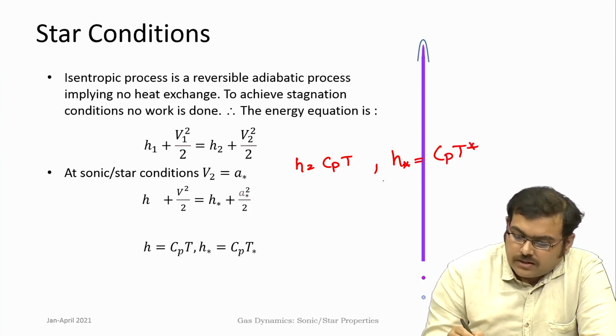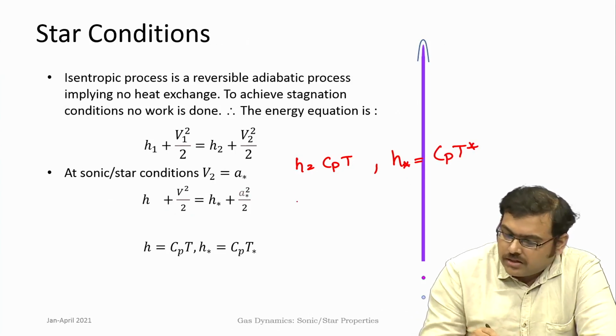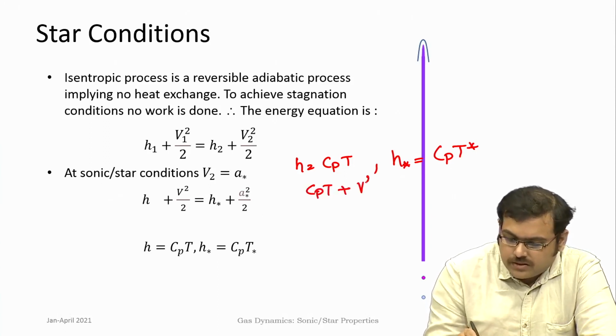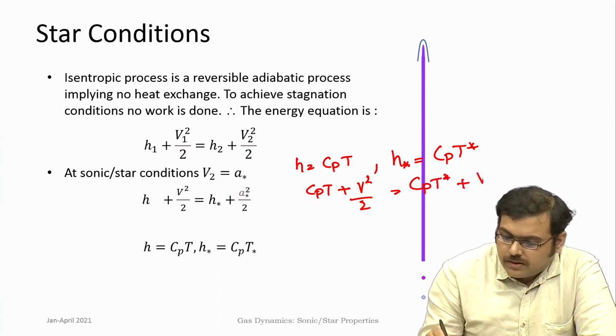So you get the equation CpT plus V square by 2 is equal to CpT star plus V star square by 2.